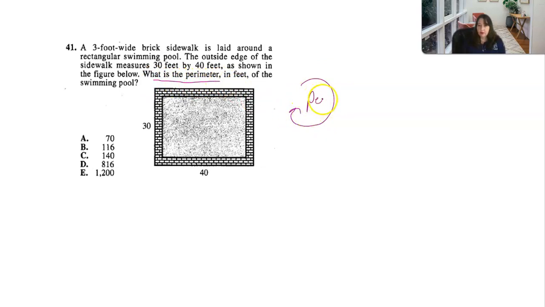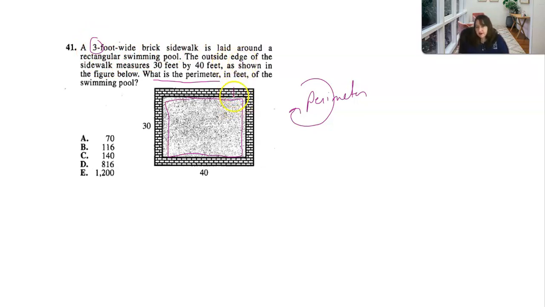I'm going to think area in feet of the swimming pool. So I want this area here only, so I don't necessarily want the outside part. So I may have to read a little bit, and it looks like only the first sentence. It says I have a 3-foot wide sidewalk that's all the way around it.